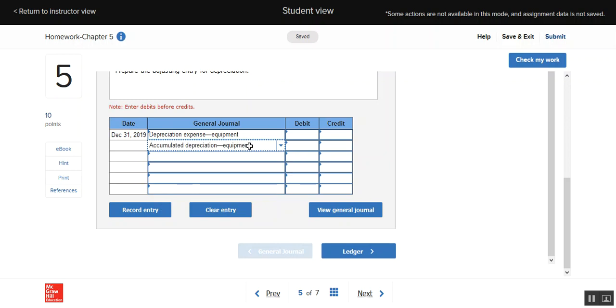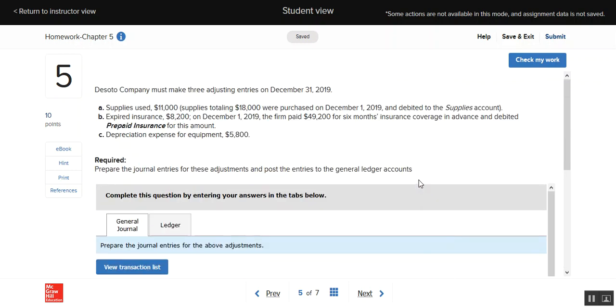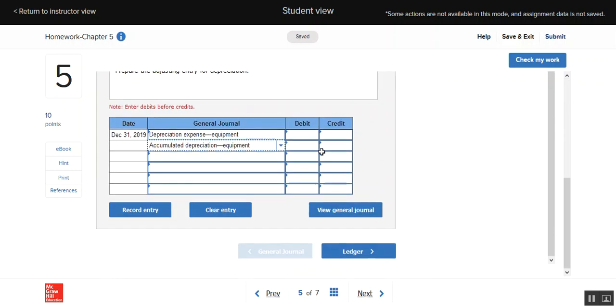That's the entry that you're going to use for depreciation no matter what it is. If this was depreciation trucks, then you would do credit to accumulated depreciation trucks, etc. So that depreciation expense and that accumulated depreciation are a set that go together. And that was $8,200, I think. Oh, $5,800.